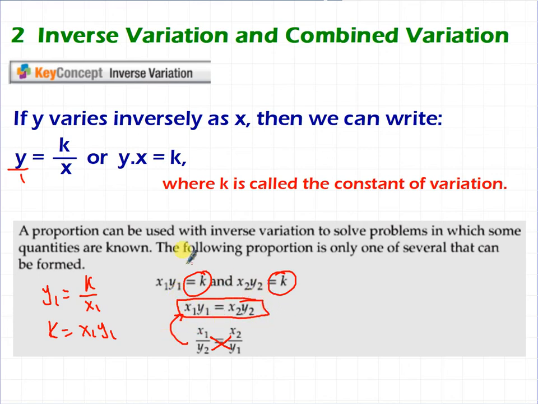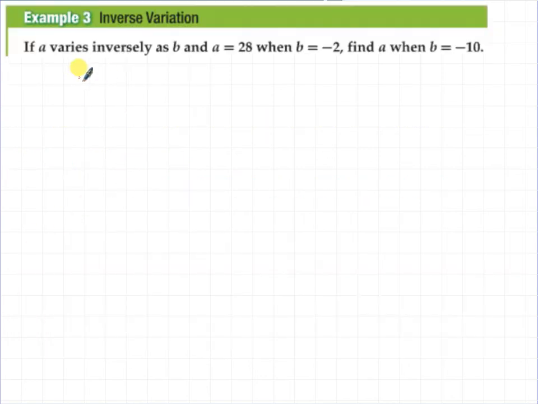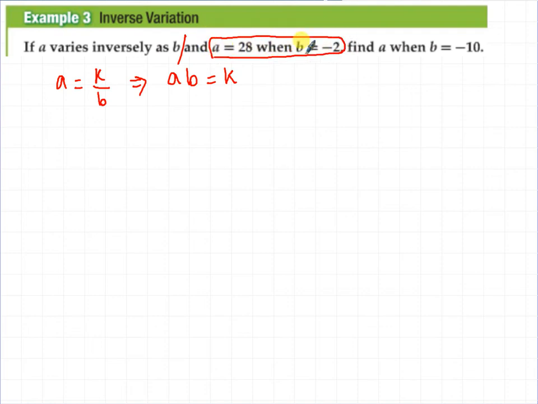Let's take an example. If a varies inversely as b, then a is equal to k over b, because inverse means it has to be in the denominator. So ab equals k, and because I have two sets of values, I would use a1 b1 and a2 b2.